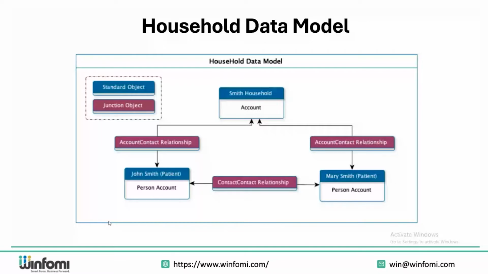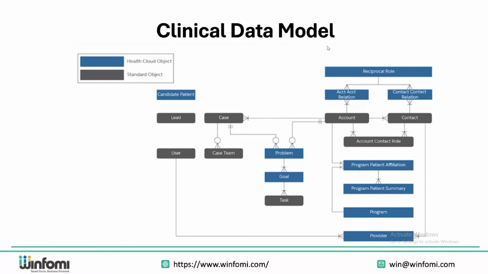Clinical data models are majorly linked to the patient's treatment. We saw the objects related to the clinical data model, like case teams, program goals, tasks, and all other objects linked to the patient.